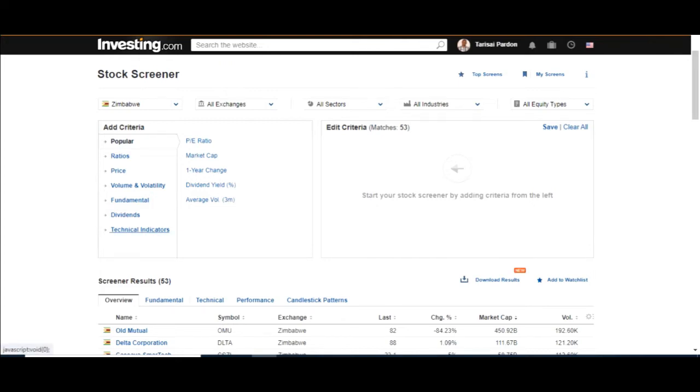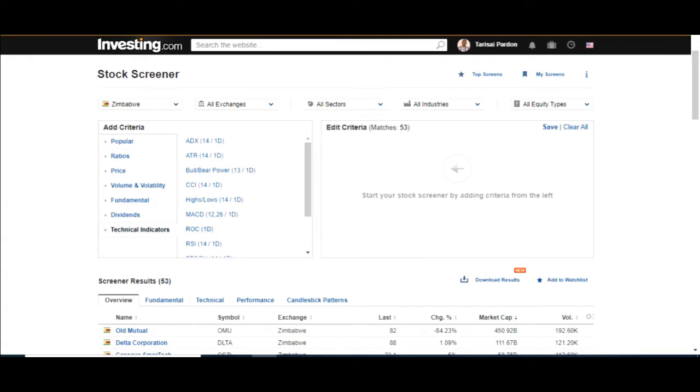The fundamentals have some gaps in terms of the information that is available. So under this example I will be using technical indicators as a screening criteria.